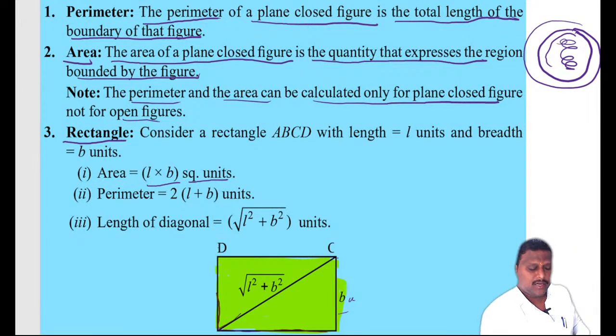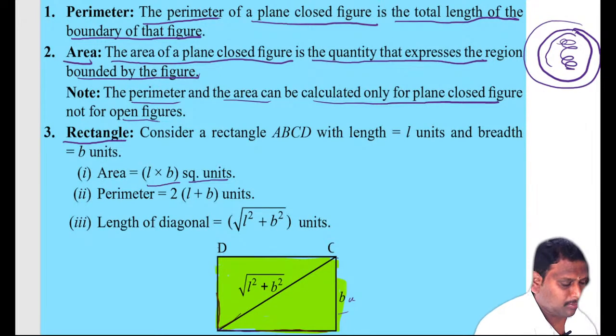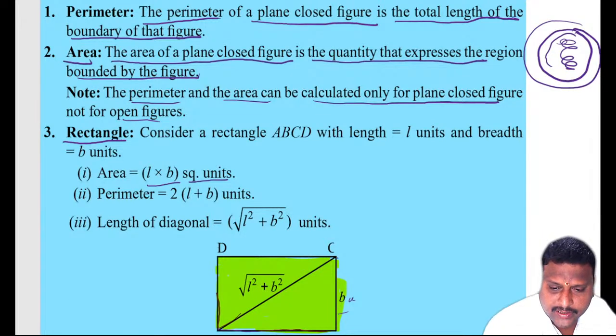I have already said to you that perimeter means the sum of all sides of any closed figure. So if I take one L, L plus B, this one, this one. And again, I said already that in a rectangle opposite sides are equal and parallel.